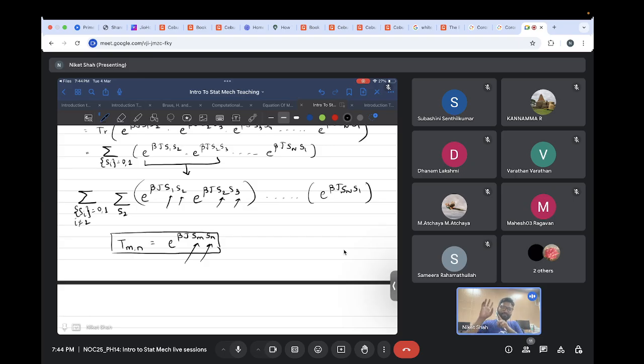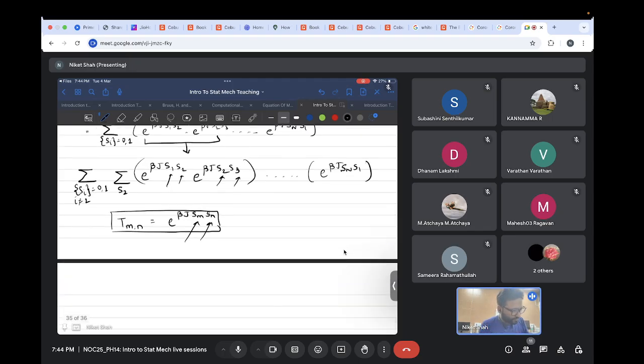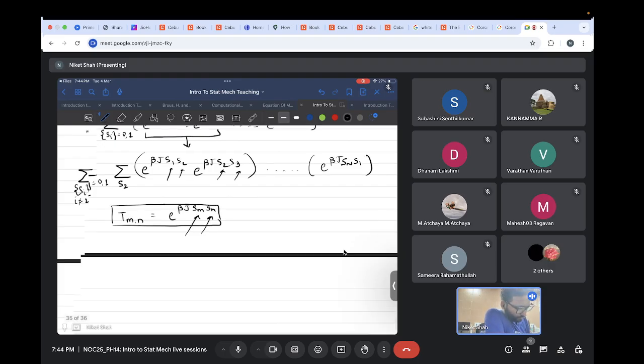There is some spin S_m and S_n is another spin. Basically, there are two spins, and both can take values 0 and 1. But if I write M as 0 or 1, then you might get confused with the position of the spins. So that's why I'm thinking what to do with respect to the notation.